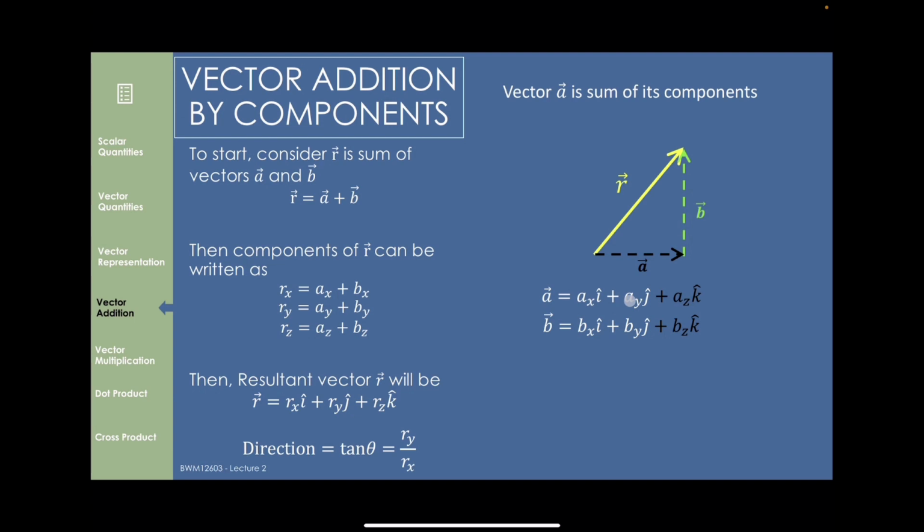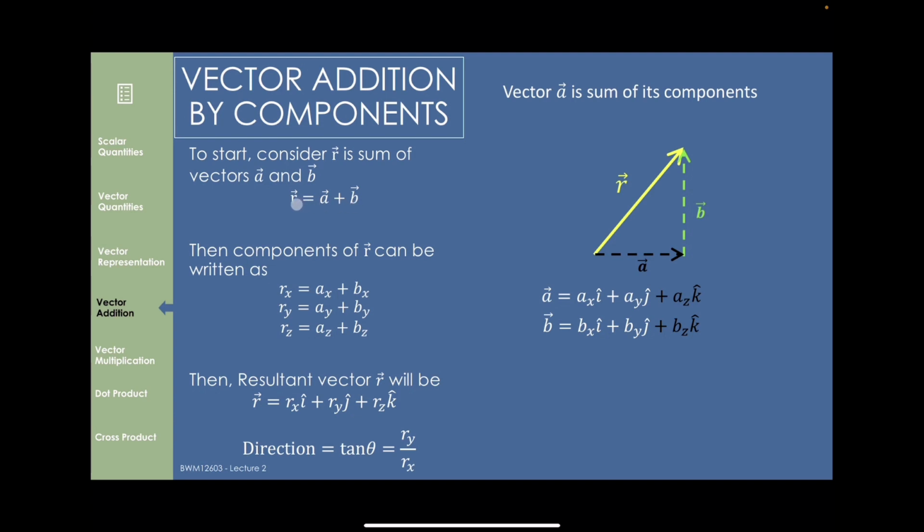But if there is z also, then we'll add azk. Similar is the case with b. B will be represented as the sum of bxi and byj. If there is a z-axis, then we can add bzk also. So r, being the resultant vector of a and b, can be represented like this: r is equal to vector a plus vector b.